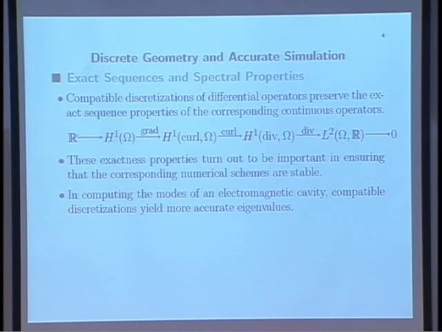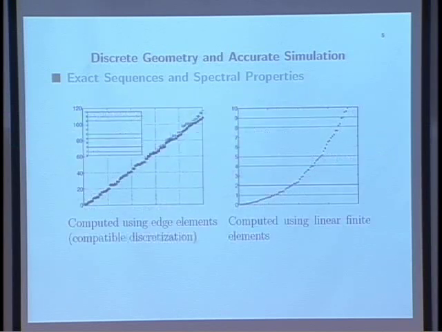So in particular, for example, if you were to try to compute the eigenmodes of some sort of domain, it turns out that if you have schemes which don't preserve this exact sequence property, then you get very bad numerical results. As an example, you're trying to compute the eigenvalues of some cavity, and this is done using what is known as compatible discretization.